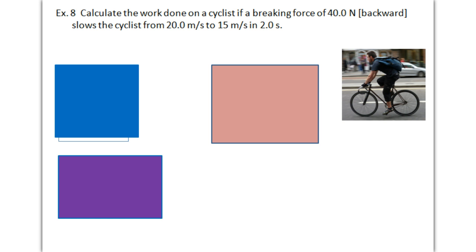Alright, in this example, calculate work done on a cyclist if a braking force of 40 newtons backward slows the cyclist from 20 meters per second to 15 meters per second in 2 seconds. So the braking force is going to be acting against the direction of motion and slowing the cyclist.